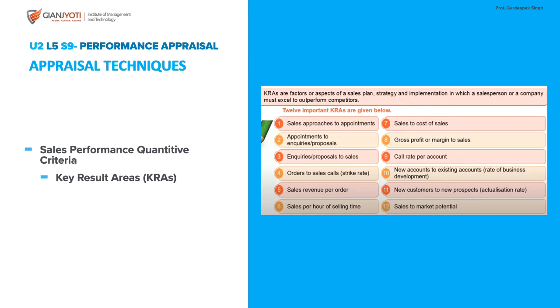Generally for the sales force, we use these 12 KRAs: sales approaches to appointments, appointments to proposals, inquiries and proposals to sales, orders to sales calls, which we call strike rate, sales revenue per order, sales per hour of selling time, cost of sales, gross profit, call rate per account, new accounts to existing accounts, which we call rate of business development, that is their penetration, new customers to new prospects, and sales to market potential.